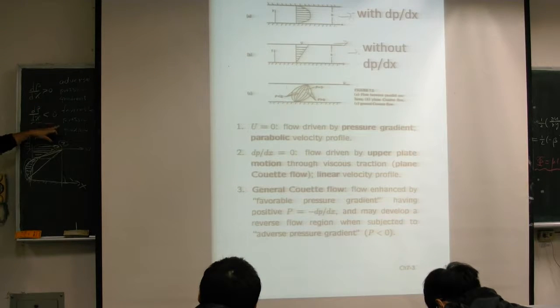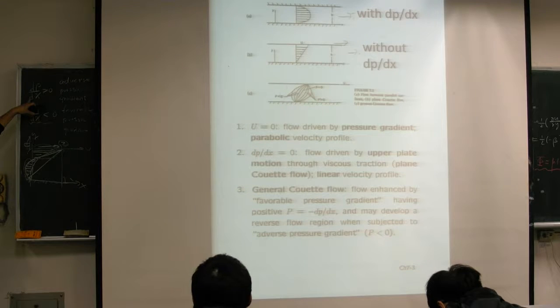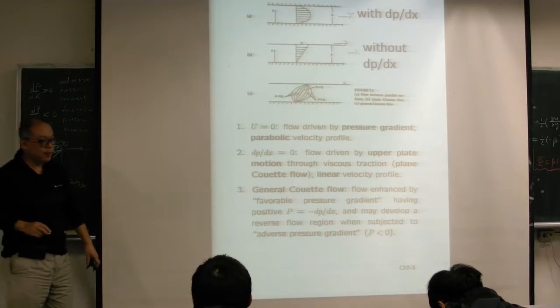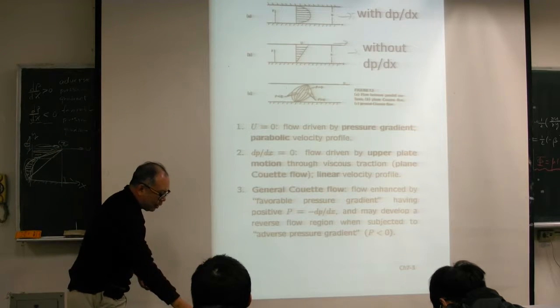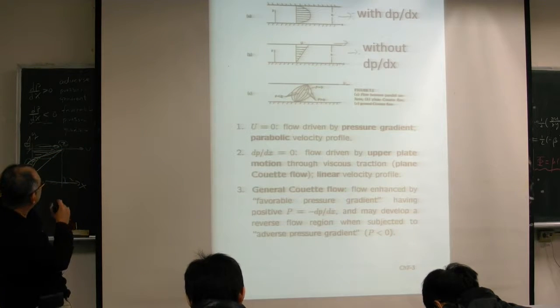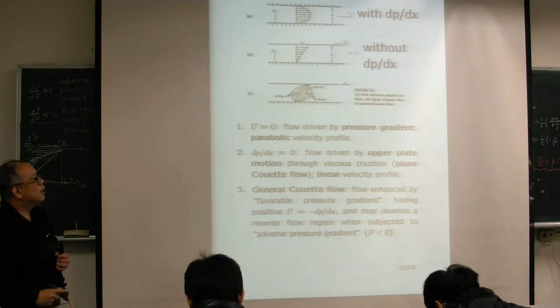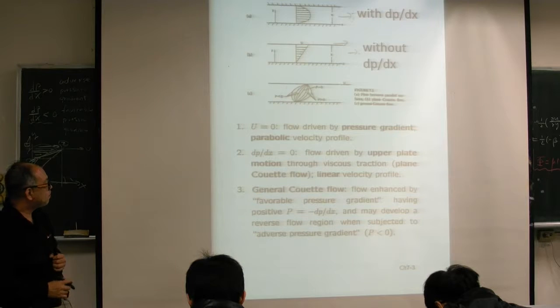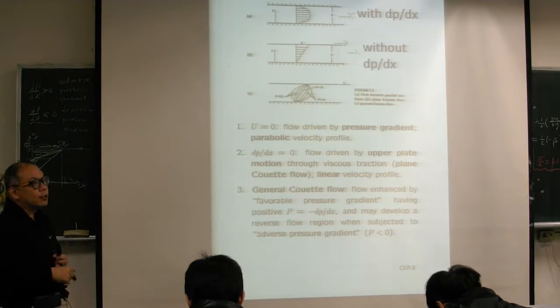One is called the favorable pressure gradient, dp/dx less than 0. dp/dx greater than 0 is the adverse pressure gradient. In Chinese we often see it called 逆向压力. Okay, this is adverse pressure gradient, dp/dx. So that's Couette flow.